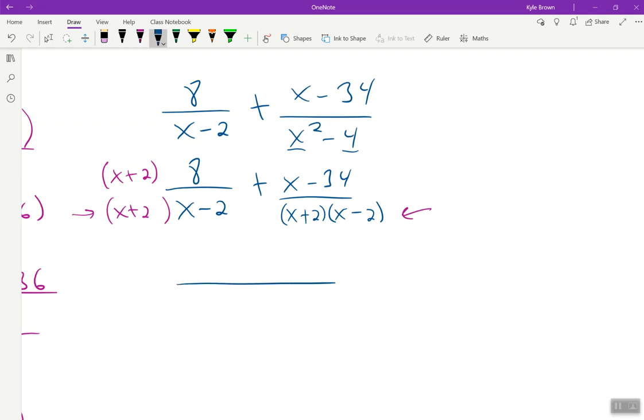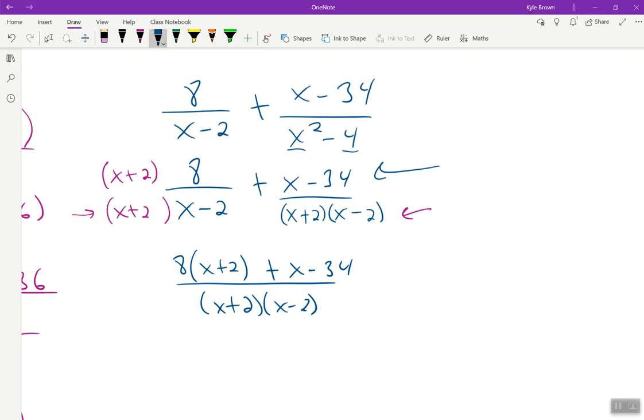I typically like to write my bottom out first, so I'm going to write my denominator here. So it'll be x plus 2, x minus 2, right? That's what it's all going to be over in the end. And then we just have to simplify the top, right? So in the top here now I've got, well, I'm going to put the 8 out front. I typically like to write it this way. It'll be 8 times x plus 2 plus, and then I've got x minus 34 still.